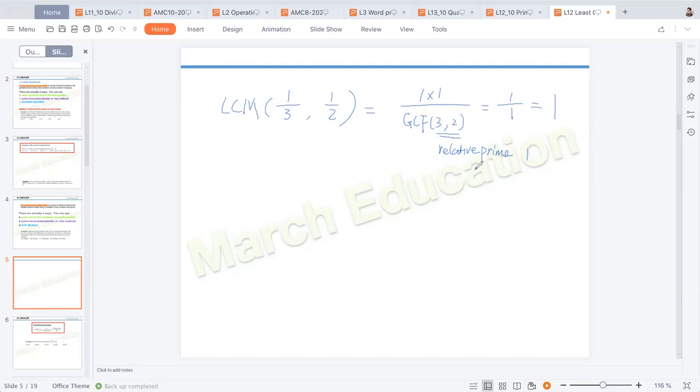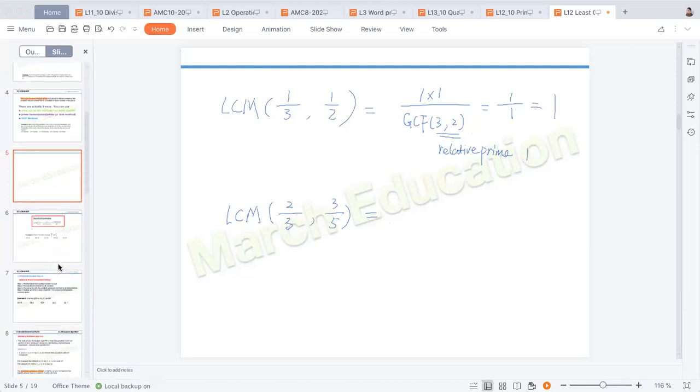Okay. So try another one: 2/3 and 3/5. Please send me the answer to let me know you understand how to use this.